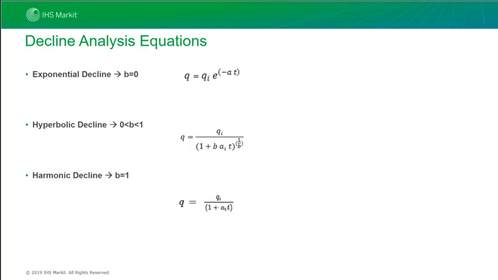With hyperbolic decline, neither a plot of flow rate versus time or flow rate versus Q production will result in a linear relation. The b value is in between 0 and 1. And with harmonic decline, on a plot of flow rate versus time, there's no linear relation. On a plot of flow rate versus Q production, with the rate set to logarithmic axis, it will result in a straight line. The b value for harmonic decline is equal to 1.